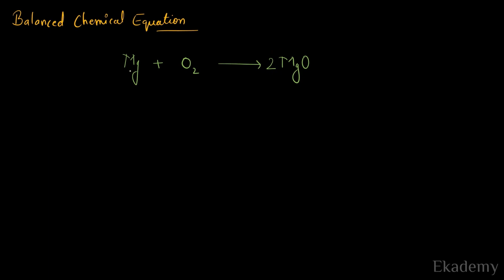So again we must balance this also. For that we should put 2 over here. You see, 2 magnesium atoms in reactant, 2 in product, 2 oxygen atoms in reactant, 2 in product, right? So this 2 belongs to both.